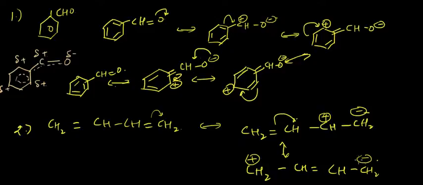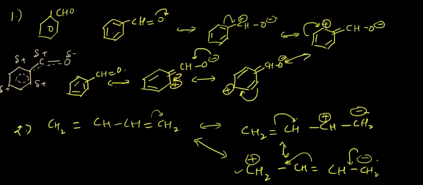Okay, now again what will happen is, so with this we have a positive charge on this carbon atom, so in the hybrid. So after this what can happen is, actually again the negative charge can come here, and again the pi bond can shift to this vacant p orbital, resulting into the previous compound, the original compound.